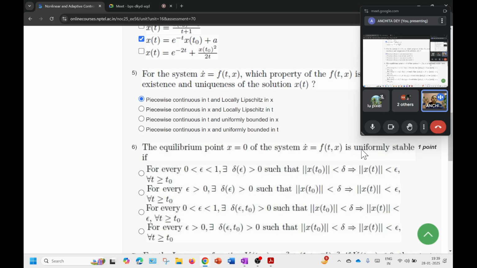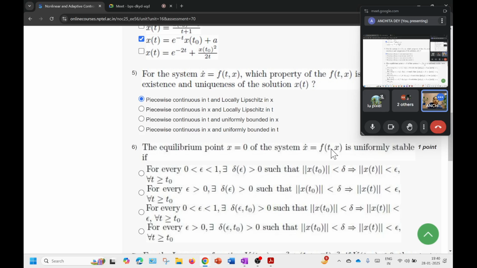First of all, if you look only at autonomous systems, where there is no explicit time dependence at all, we only talk about stability. There we have unstable, asymptotically stable, exponentially stable, globally exponentially stable, and globally asymptotically stable. That's all the terms we have.